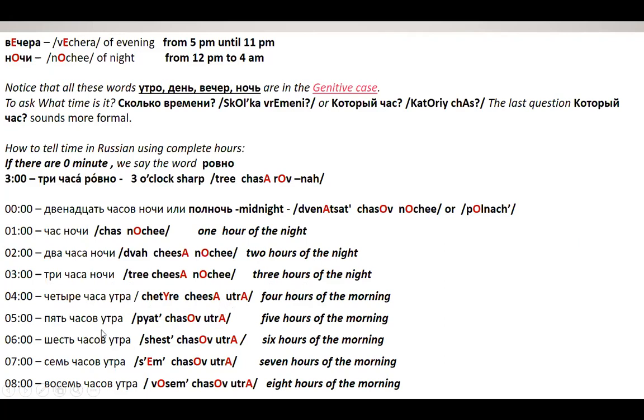5 часов утра will be 5 hours of the morning. Then 6 часов утра, 6 hours of the morning, 6 a.m. And then we have 7 hours of the morning, 7 часов утра.